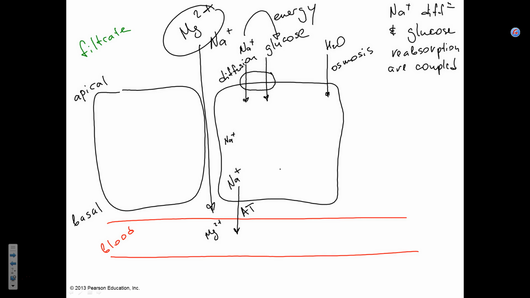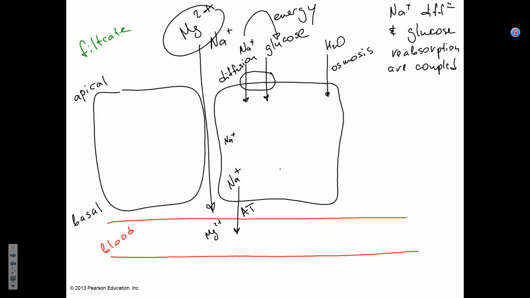The challenge that I face every time when I do the drawing like that is that we draw a static picture. Does that make sense? It looks like there are two vessels, the non-moving blood and non-moving filtrate. You have to remember, filtrate is constantly flowing, and the blood is constantly flowing.